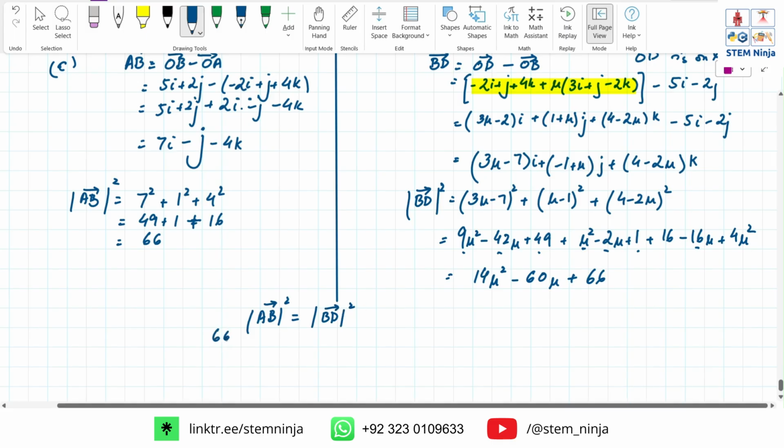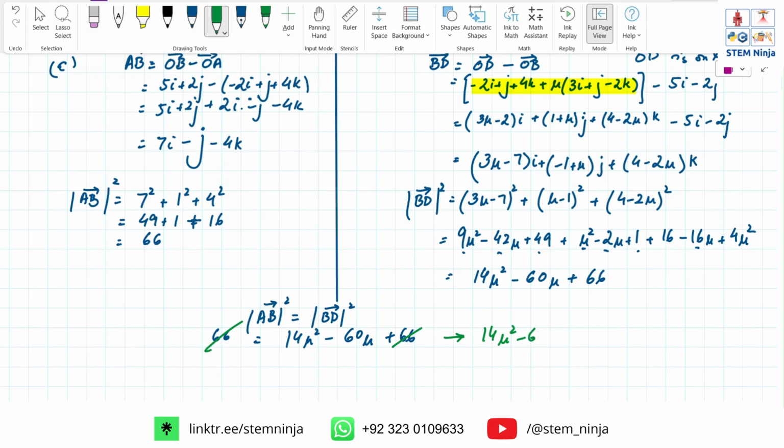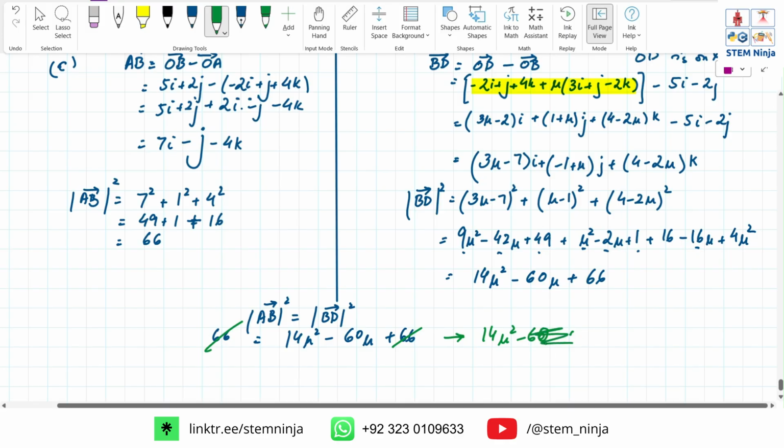So 66 equals 14 mu squared minus 60 mu plus 66. Now we can easily see that 66 cancels out 66, leaving us with 14 mu squared minus 60 mu equal to 0.